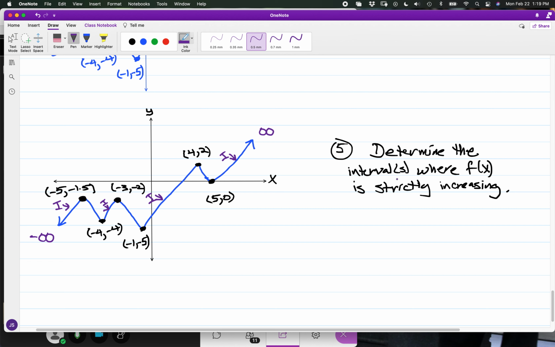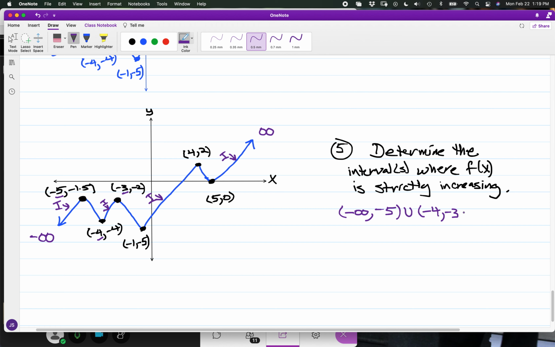And the intervals where f of x is strictly increasing: we're looking at going from negative infinity, approaching negative 5. And where we have increases and decreases, you're maintaining the use of parentheses. So between negative infinity and negative 5. And then we have going past negative 4, approaching negative 3.